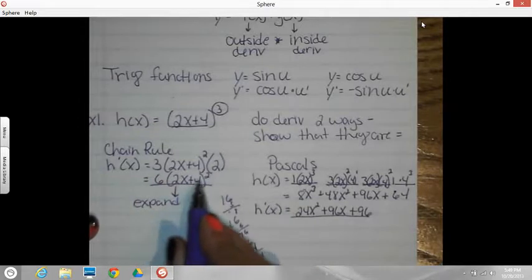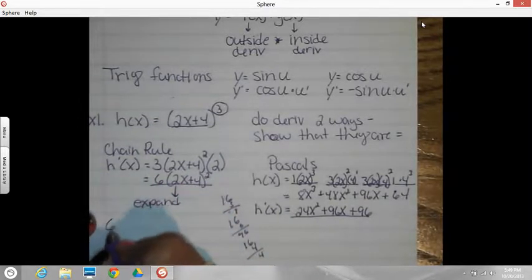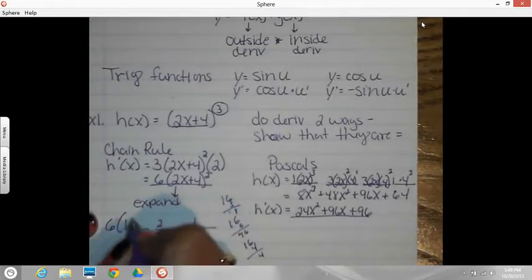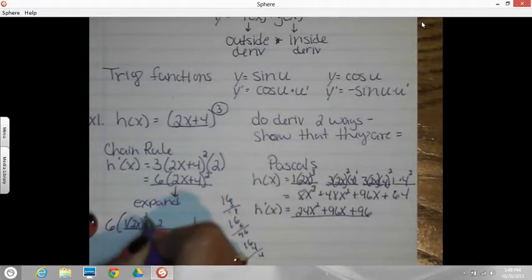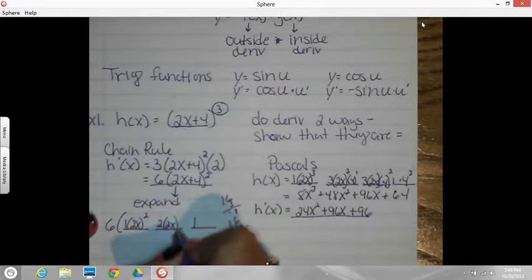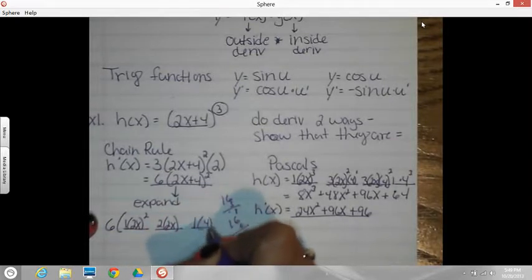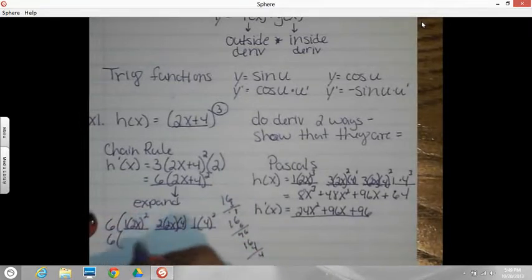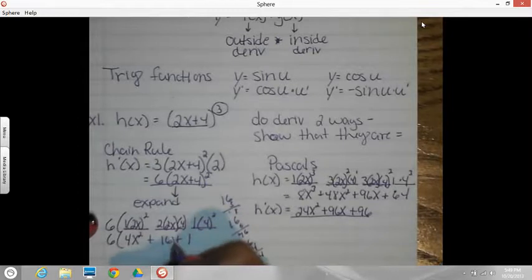It's squaring it, so I'm just going to use the Pascal's triangle. So it's 6 times the 3 terms, 1, 2, 1: 2x squared, 2x to the first, 4 squared. So this is going to be 4x squared. 4 times 4 is 16x, 16.